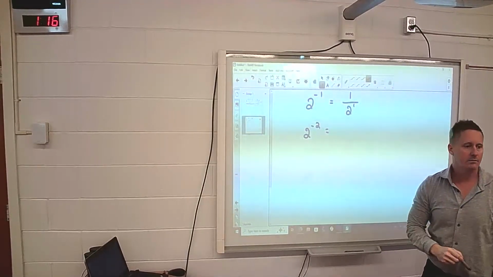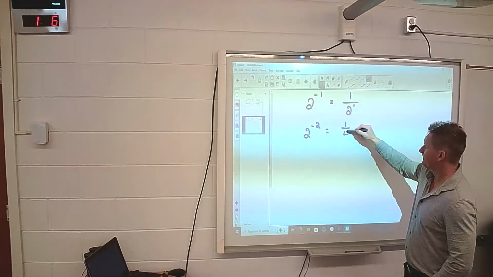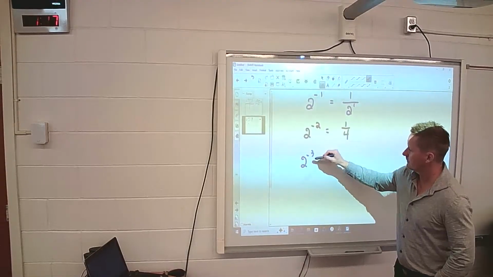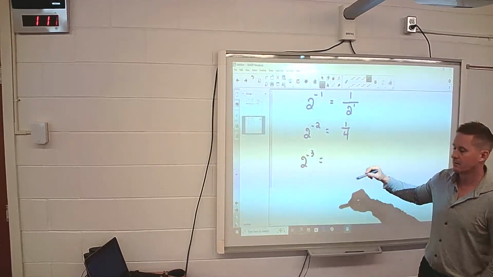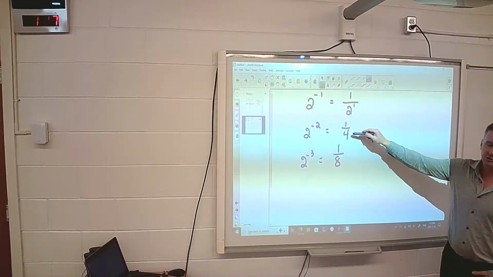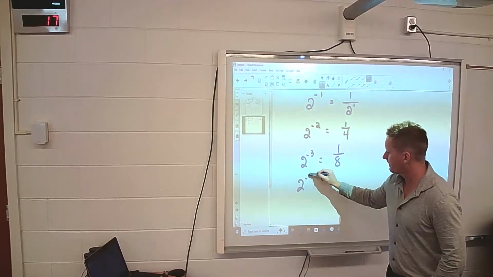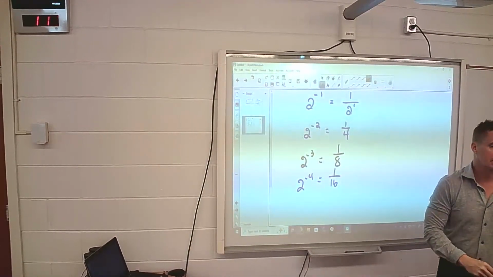What does that equal? 1/4. What is it? 1/8. Okay? 1 over 2 squared. 1 over 2 cubed. 1 over 2 to the 4th, 1/16.